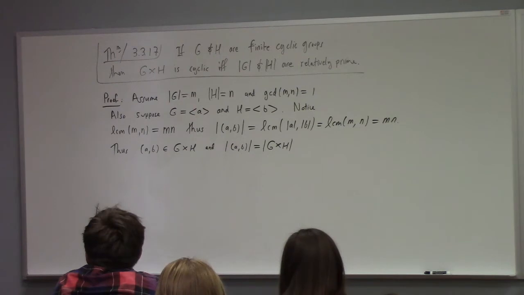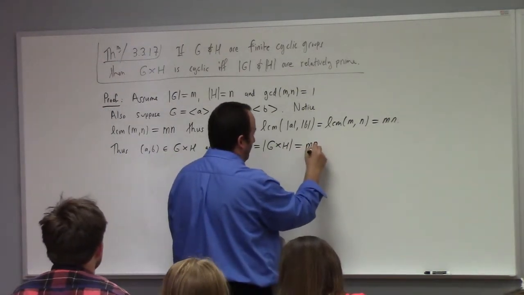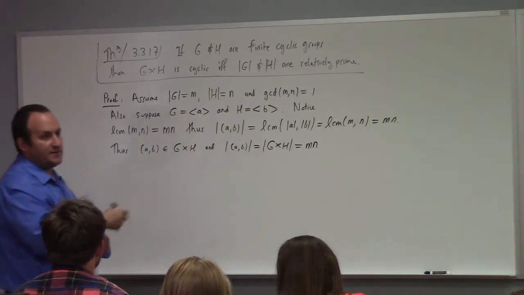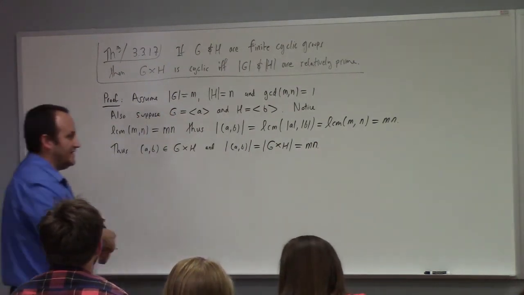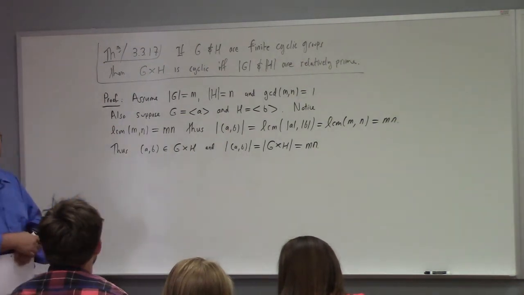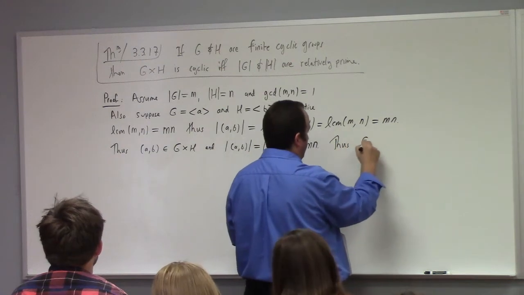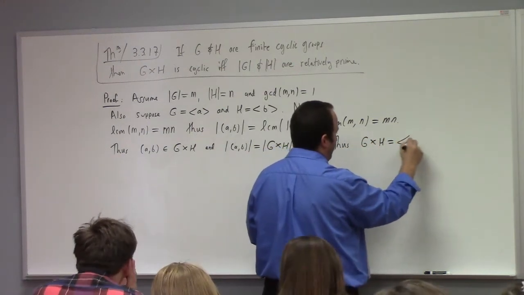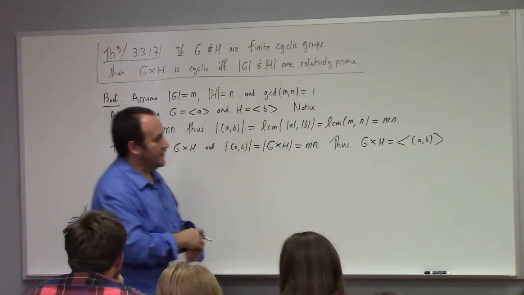It's MN, yeah? So therefore, G cross H is cyclic, because it has an element that generates the whole group. So G cross H is in fact generated by the pair of generators, one from each subgroup.